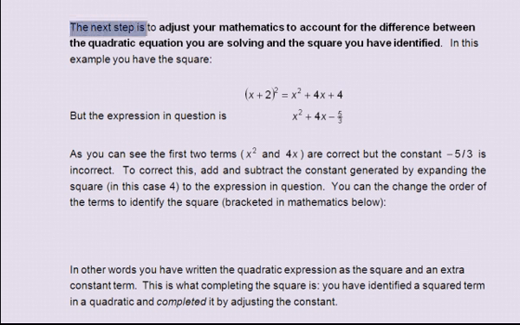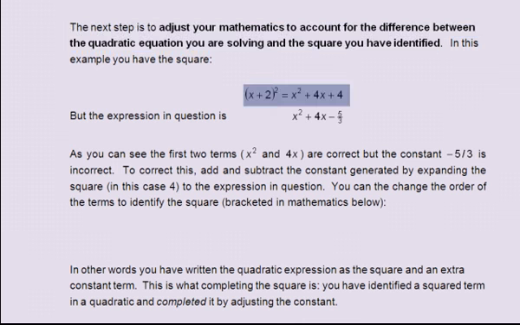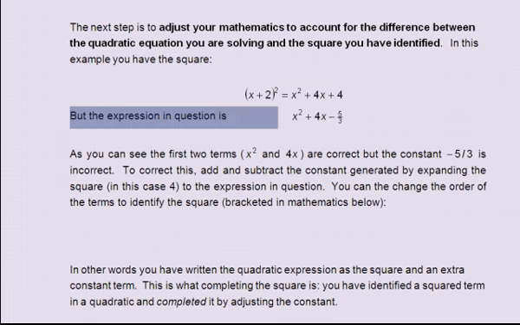The next step is to adjust your mathematics to account for the difference between the quadratic equation you are solving and the square you have identified. In this example, you have the square (x plus 2) squared equals x squared plus 4x plus 4. But the expression in question is x squared plus 4x minus 5 over 3.